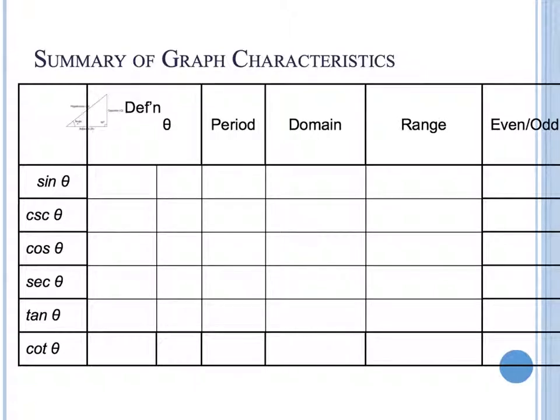So like the little triangle up here, sine is opposite over hypotenuse. Our period is 2 pi. Our domain is all real numbers, so from -infinity to infinity. Our range is from -1 to 1.